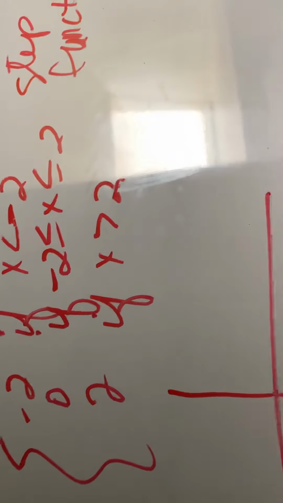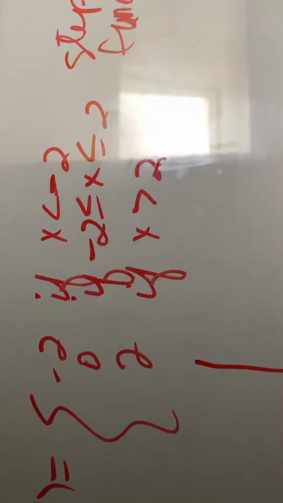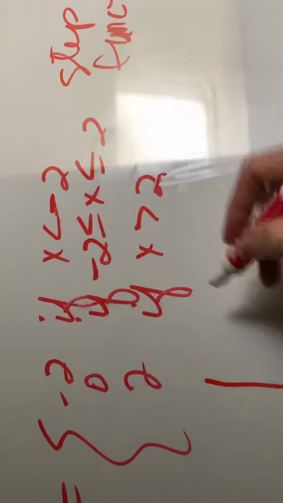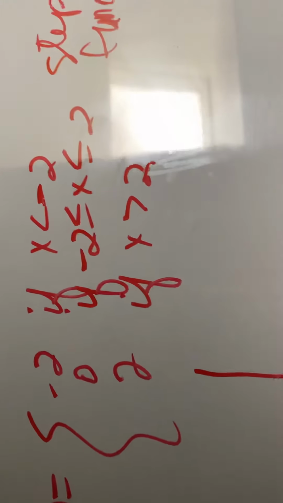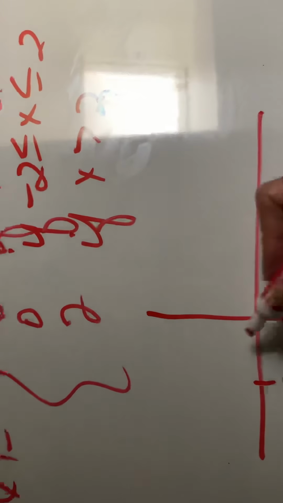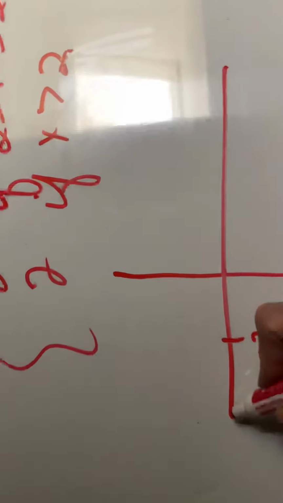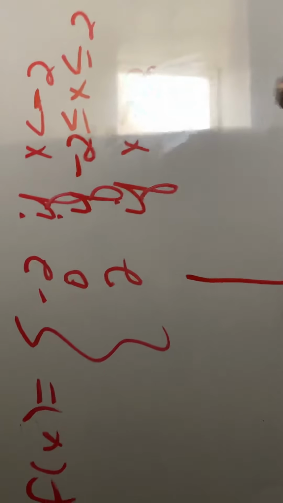This is going to show you why this is called a step function, because it's going to make steps. So if x is less than -2, I find -2. So here's -2. If x is less than -2, so we're talking about going this way, then y is -2.